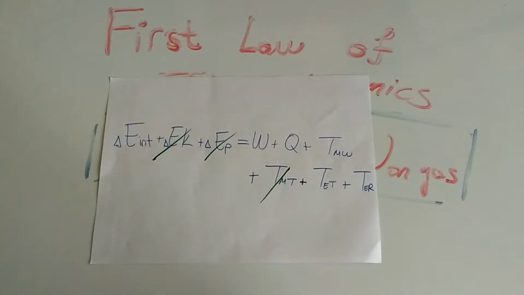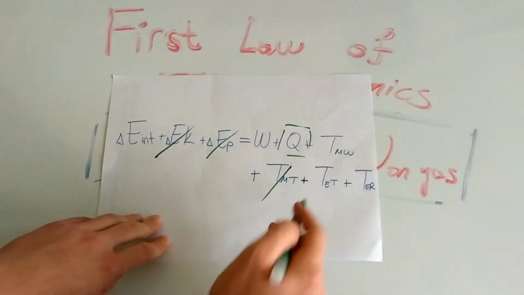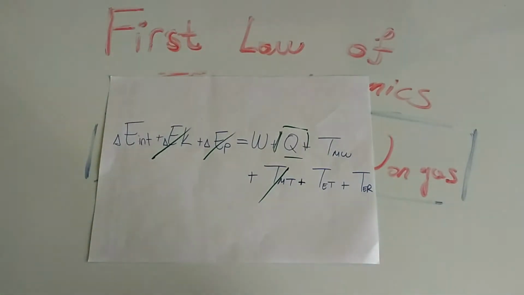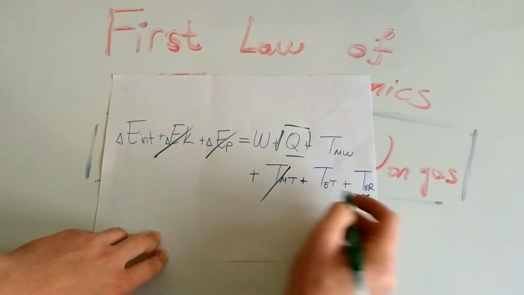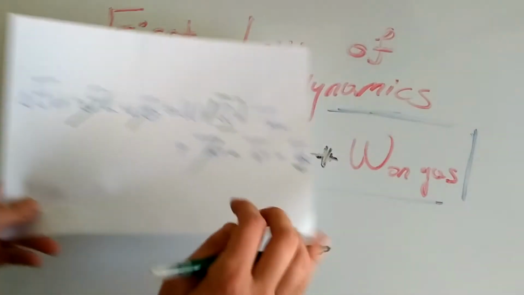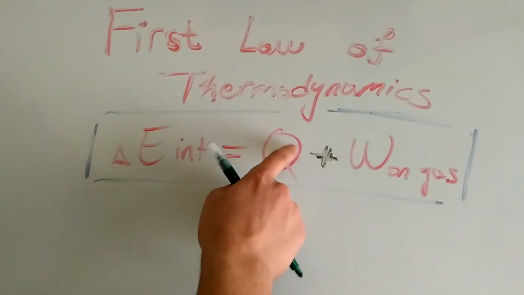Now for the heat here, we can implement electromagnetic radiation. So basically here, instead of writing transfer of energy in terms of electromagnetic radiation, this is included in the Q here.